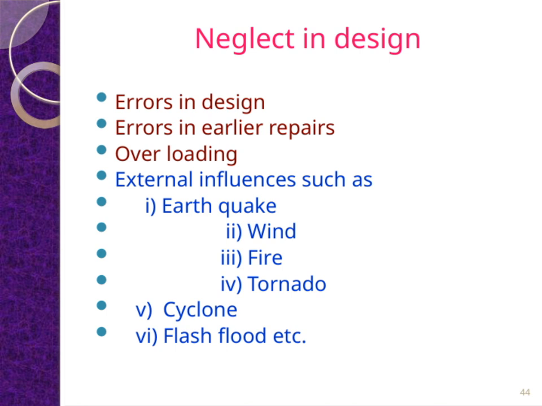Neglect in design is a silent but serious problem. When proper planning and safety considerations are overlooked, the risk of failure increases substantially. All these factors emphasize the importance of thorough, careful design and ongoing maintenance, especially when we consider the overall theme of structural safety and resilience.